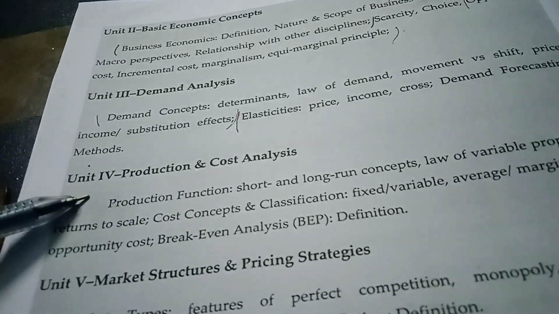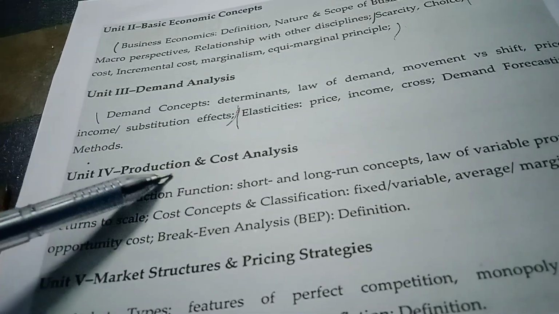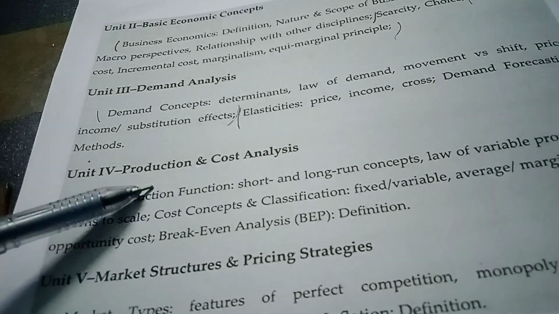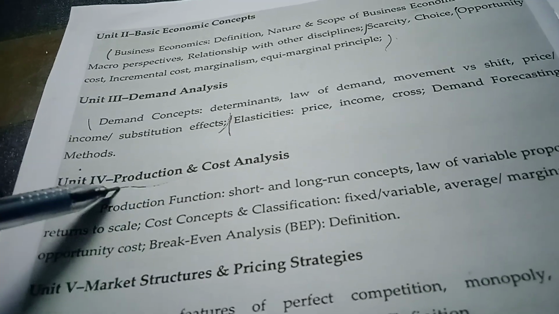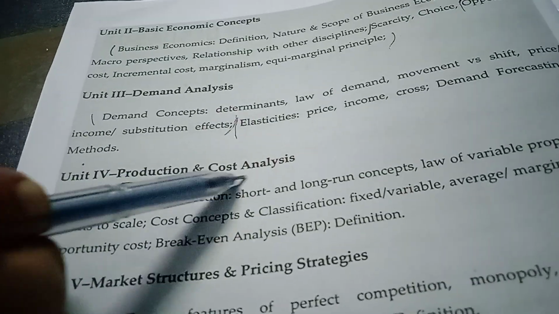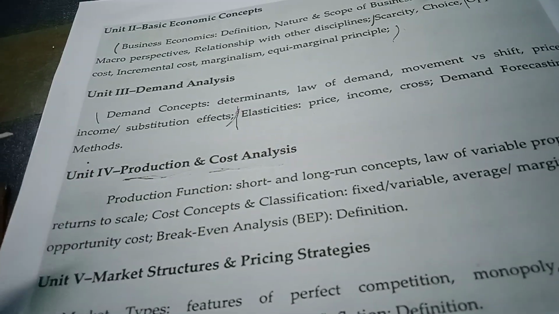Now coming to unit 4, production and cost analysis. From the unit name itself we can easily understand production as chapter 1 and cost analysis as chapter 2.